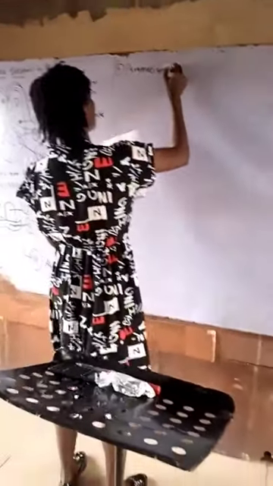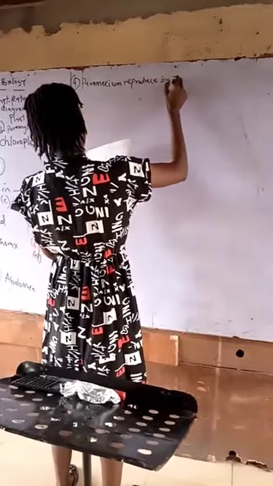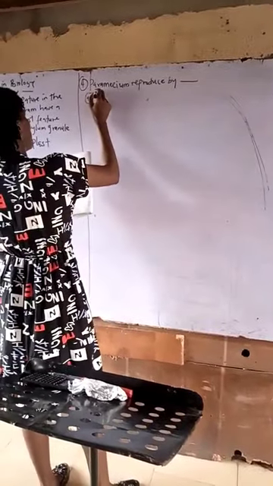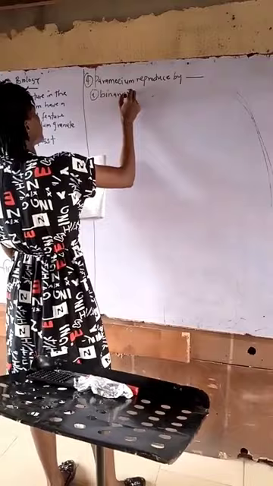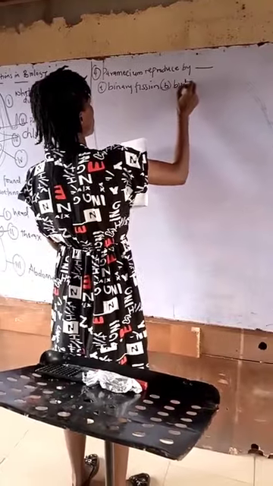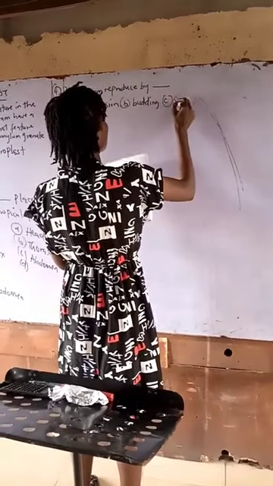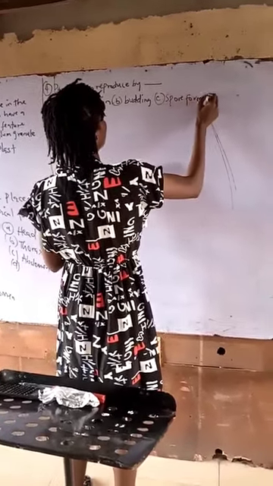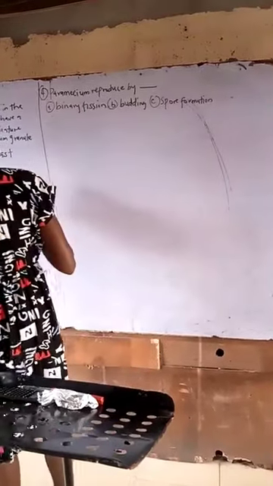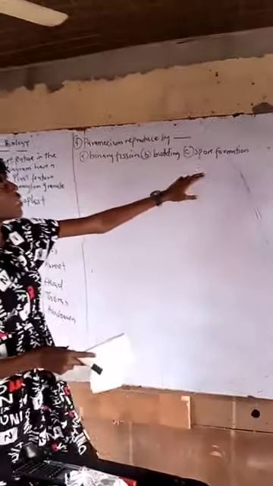Question 4. It says paramecium reproduces by dash. A, binary fission, B, budding, C, spore formation.